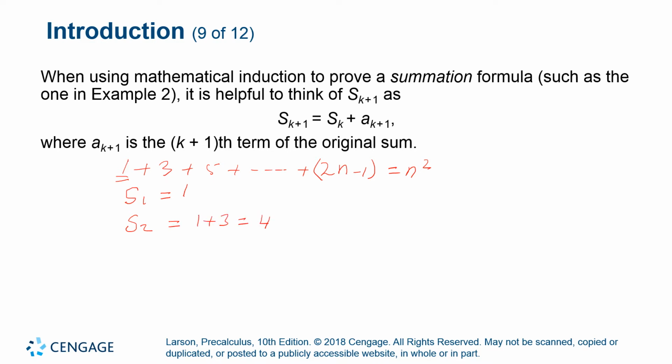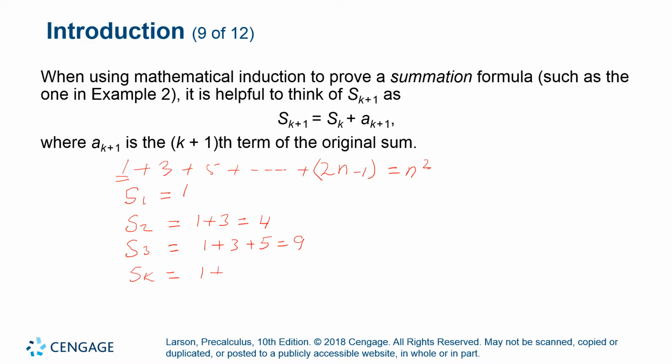So notice we're looking at the first two numbers of the series. This is for the second sum. For the third sum, we're looking at 1 plus 3 plus 5, and that's going to give me 9. So this is the third sum of the series. However, we are interested in Sk. Then Sk, what is that equal to? We're going to add all the numbers from 1 up to Ak.